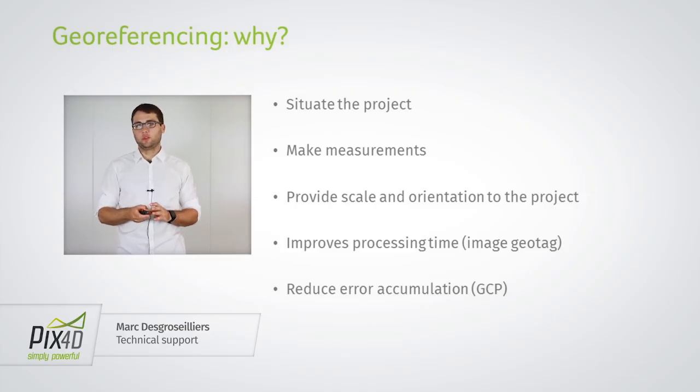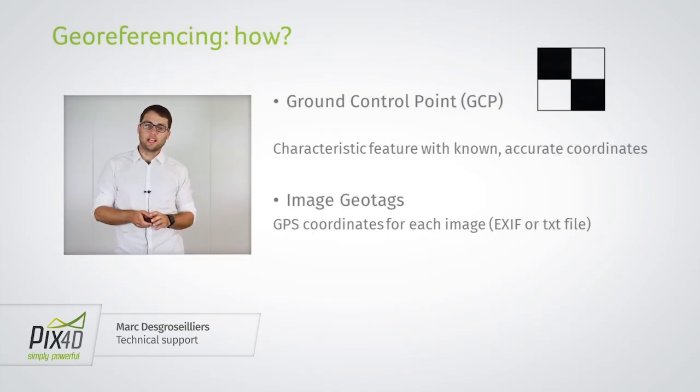And when I talk about image geolocation or image geotags, then these are the GPS coordinates of where the image was taken. So how are you going to acquire this data? Well, in the case of GCPs, you can either use a GPS station, which is a very precise instrument that typically you have on a tripod. Otherwise, you can also use a total station, or you can use online services such as Google Maps.